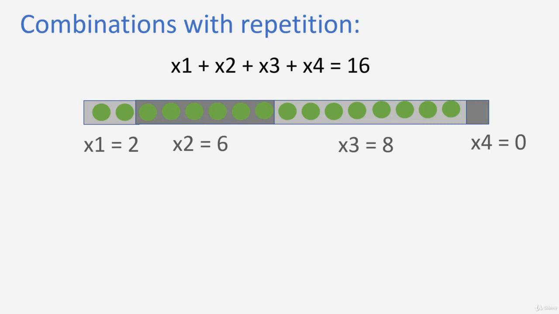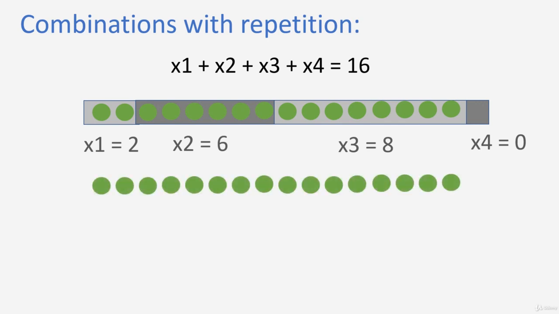So what we are actually doing? We are dividing these 16 balls into 4 boxes. But you can also think of it as separating these balls, right? So the previous example can look like this. So this part represents first box, this part represents second box, this part represents third box, and this part represents fourth box.